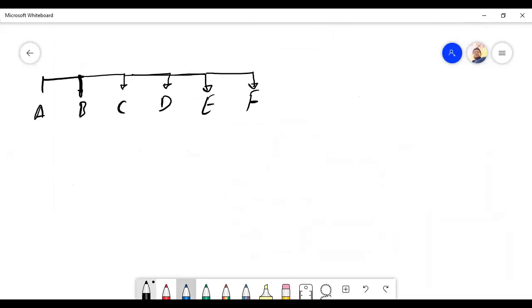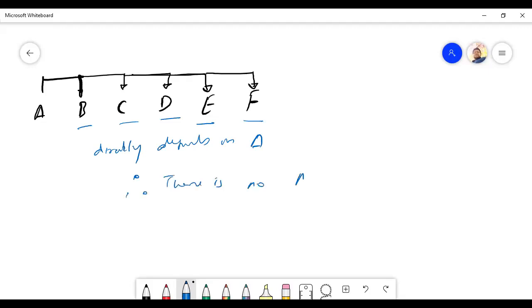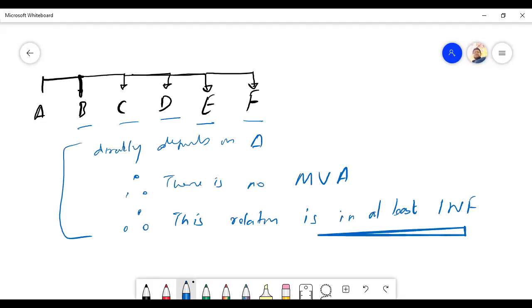Now if you see this F, E, D, C, B, all directly depend on A. So there is no multi-value attribute. So this relation is in at least first normal form. This is how we will be writing.